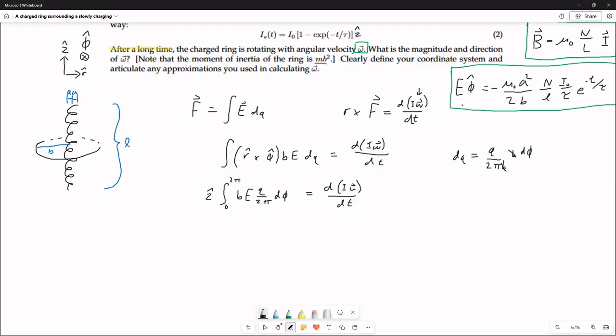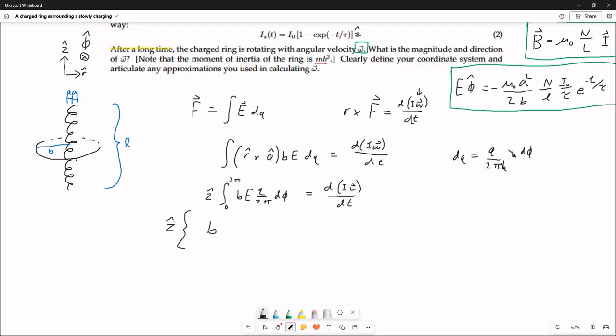Looking at our electric field, it actually doesn't change with respect to phi. There's no phi variables. So we can pull all of that out, or we can just do the integral 0 to 2 pi. That's going to cancel this 2 pi. So we now have, again, everything is going to be in the z hat.